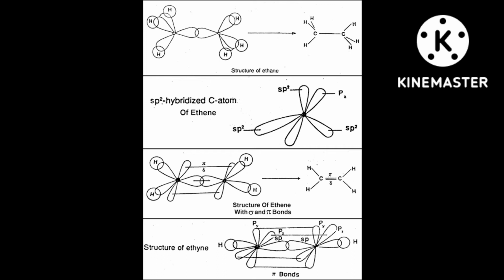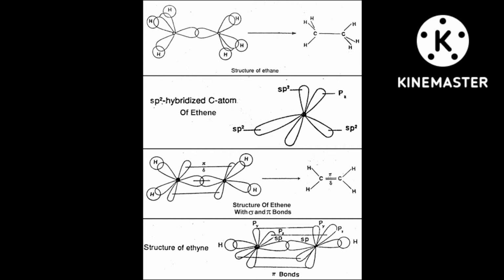To form 2 pi bonds. These p orbitals overlap and make 2 pi bonds between the carbon atoms. So the triple bond between the 2 carbon atoms is made up of 1 sigma bond and 2 pi bonds. Okay, in the diagram you can understand very clearly.